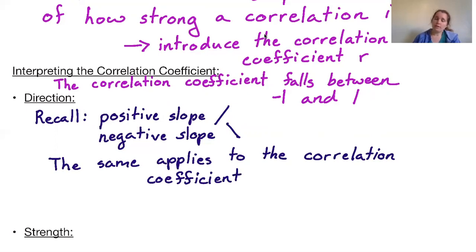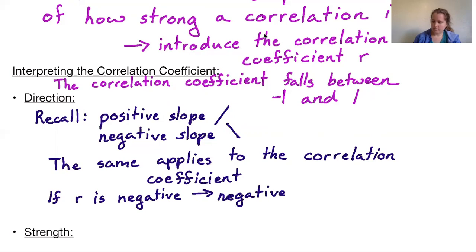So if R is negative, then we have a negative correlation. In terms of the scatter plot, our dots will go down.